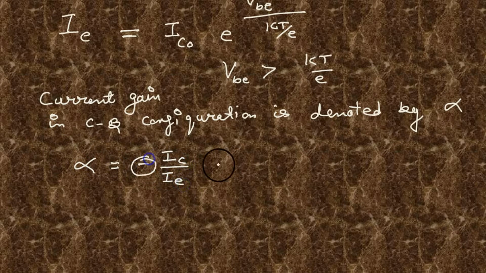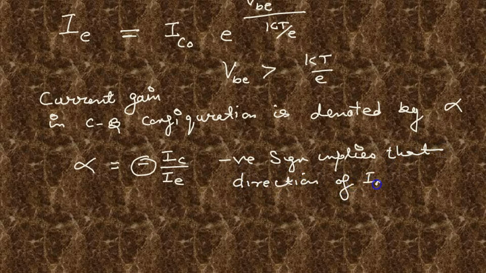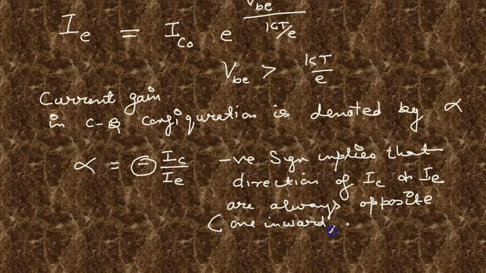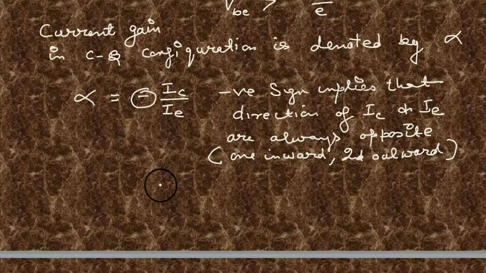Because IC and IE are opposite in direction: if IE is outward, IC will be inward. So IC becomes minus alpha times IE.